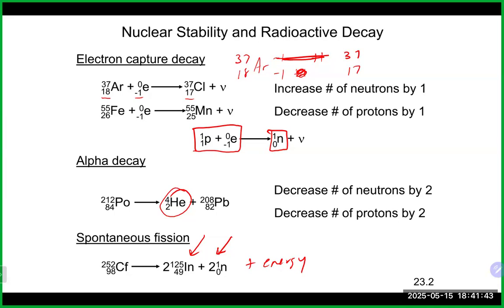You could also force something, in a sense, to go through a fission reaction. You could do that, for example, by shooting a neutron or some type of particle at a stable nucleus. Kind of makes it a little upset when you do that. And then it becomes unstable, and it'll actually go through the fission process. That is the reaction, for example, that's used in nuclear power plants and nuclear bombs and stuff like that as well.